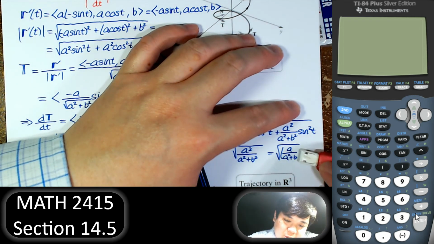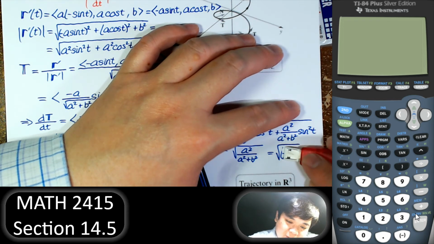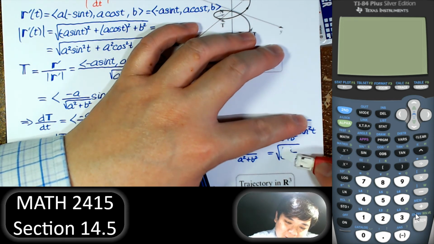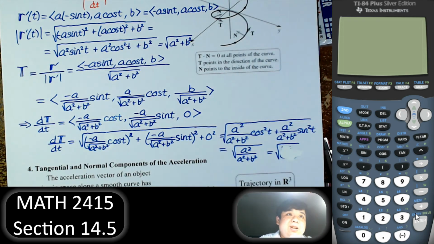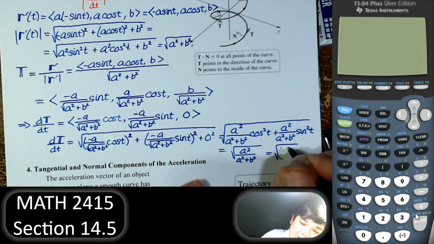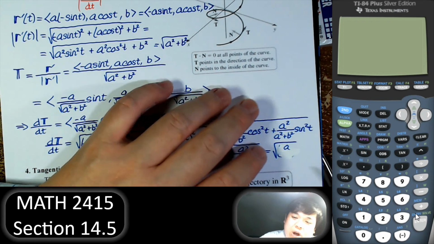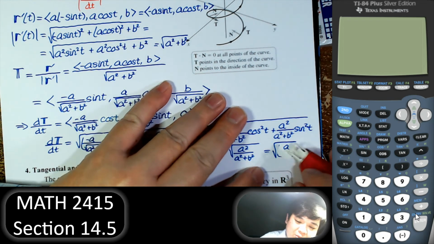That's a terrible way to write this. Anyway, just put the square root on the top and the square root at the bottom.